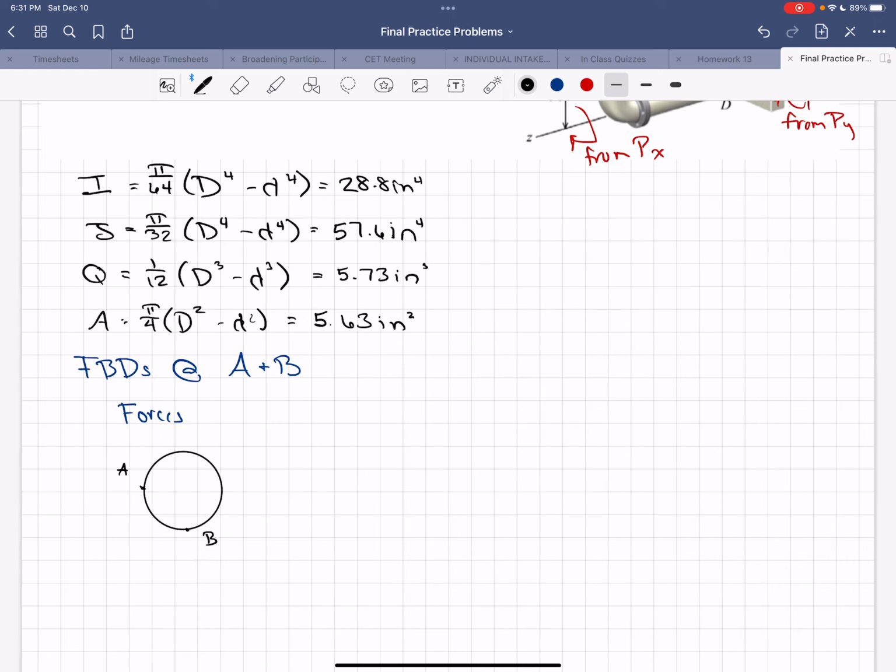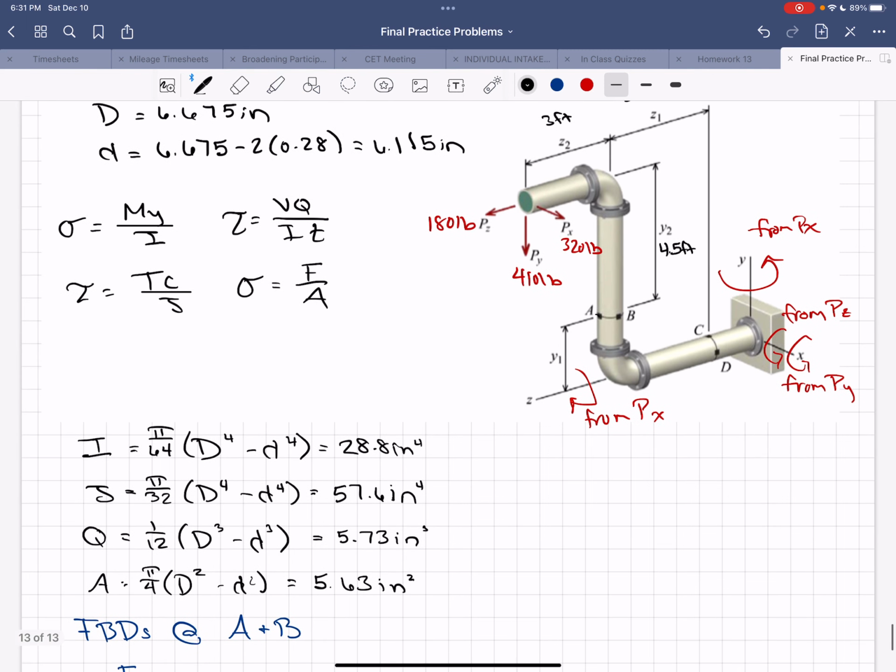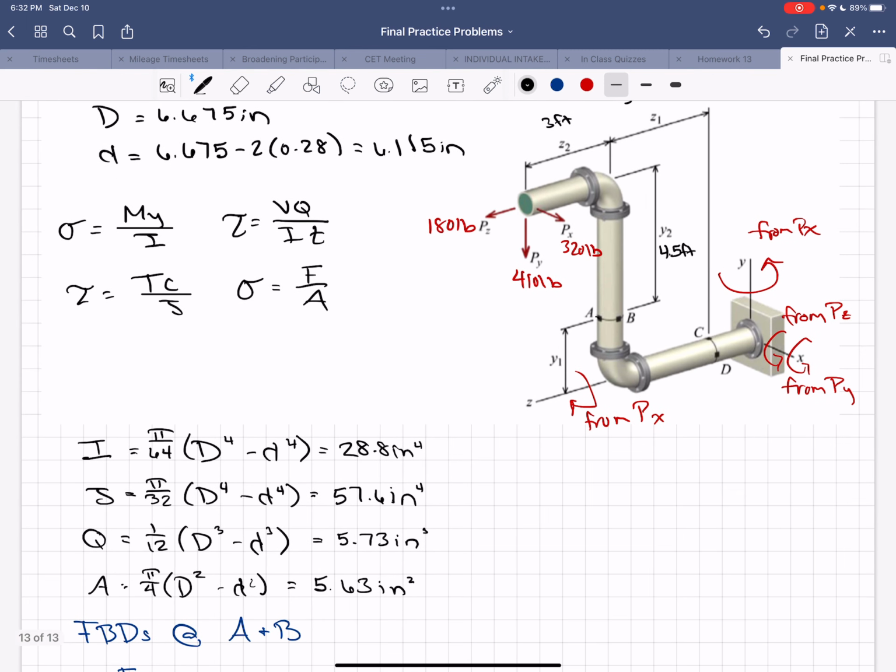The reason I know that is because I'm going to draw my axes where I have Z and X. If we're looking at this cut here, we have Z coming out this way, and then we have X coming out this way. That's what we're drawing.